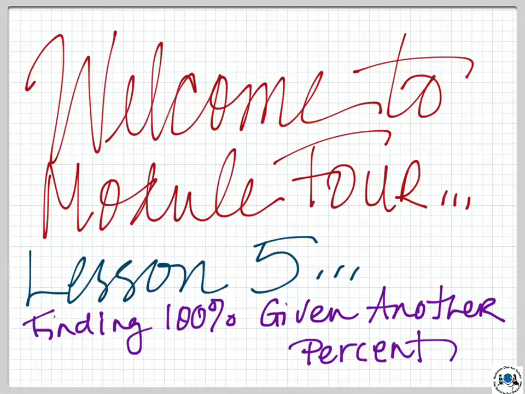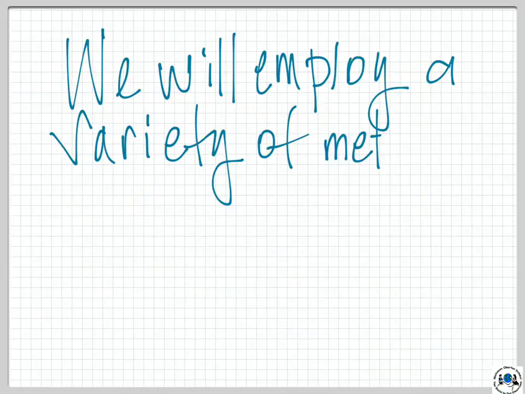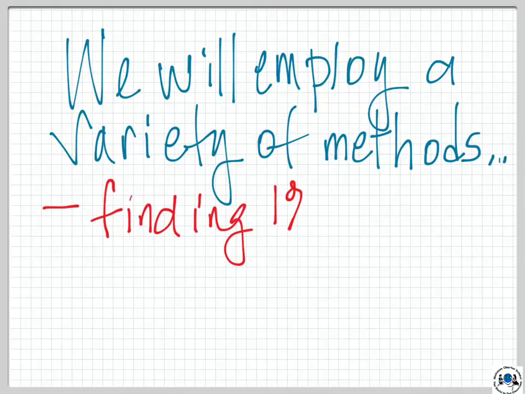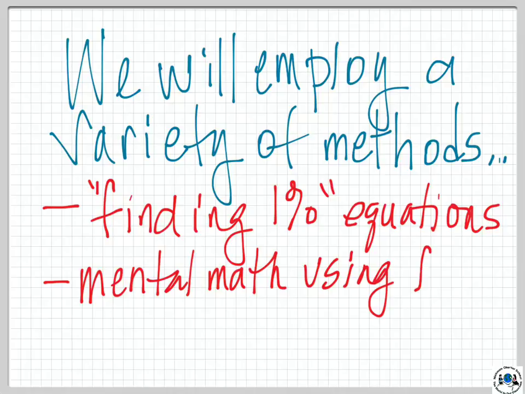Okay, so we will employ a variety of methods or techniques, including finding 1% equations. When you find 1%, then you can extrapolate to 100%. Mental math using factors of 100.